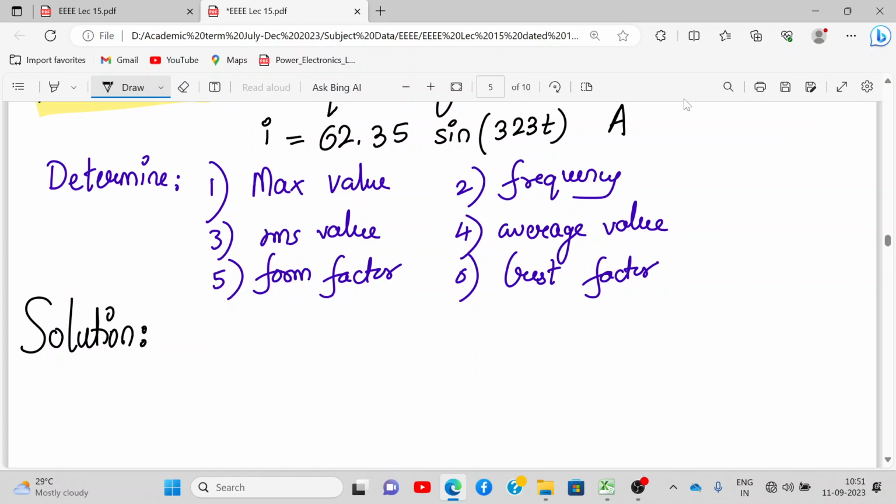So let's solve it head on. What is the standard form of I, given by I equal to Im sine omega t, right? So tell me what is the Im value from here?